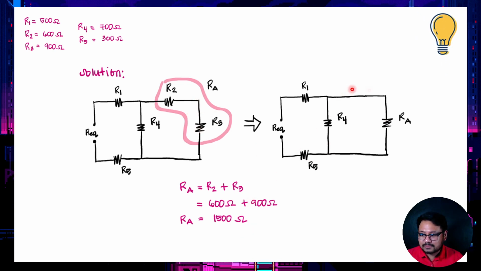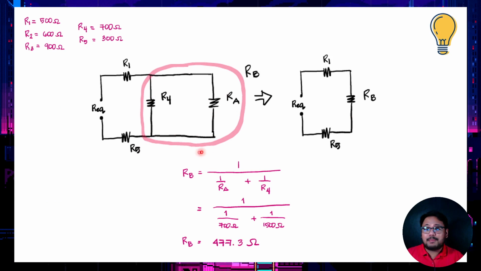Next, we start now with RA. RA is connected to R4 in parallel, because the ends of RA and R4 are connected across each other. So RA and R4 are in parallel. We can call that RB. RB now becomes like this, because RA and R4 are just combined together.